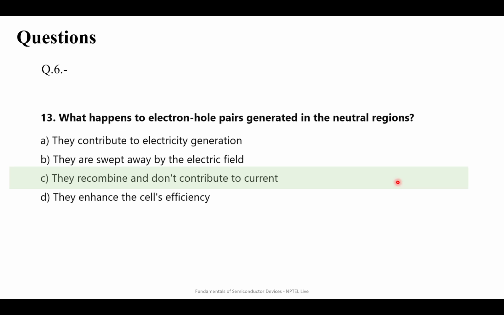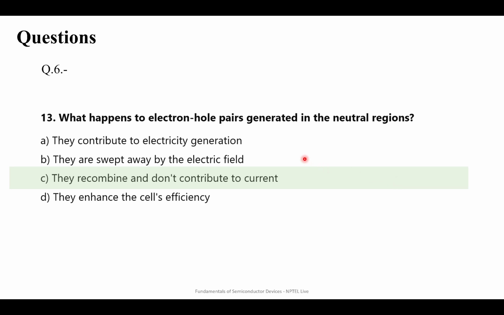That is wrong. The correct answer is they recombine and don't contribute to current. If you generate an electron hole pair in the p type or n type region where there's no electric field, they will immediately recombine and we won't be able to collect them at the edges.